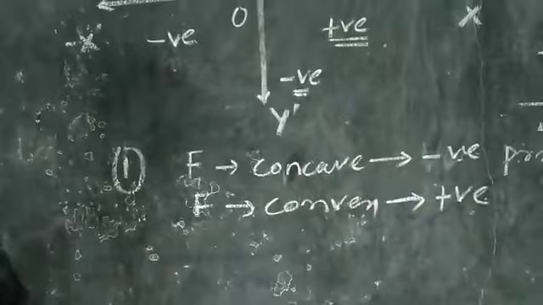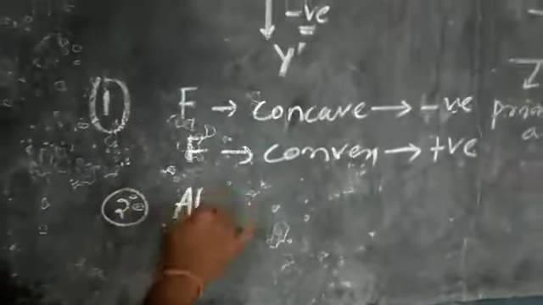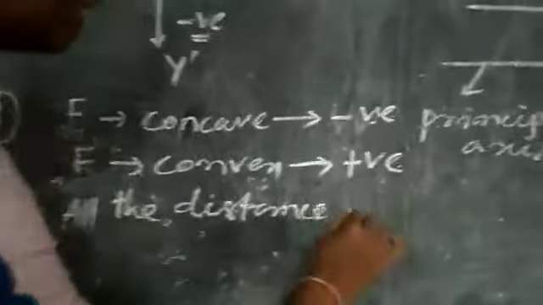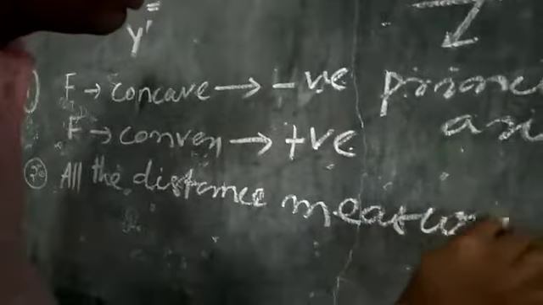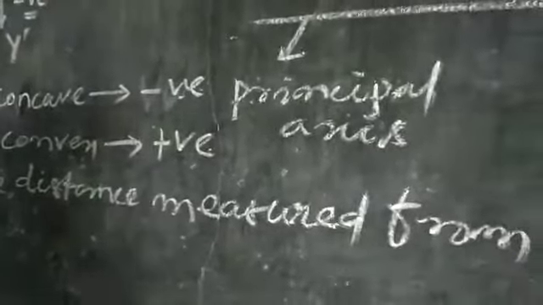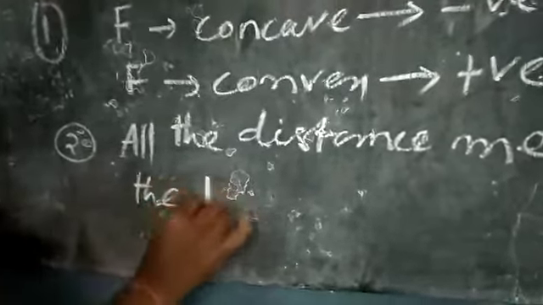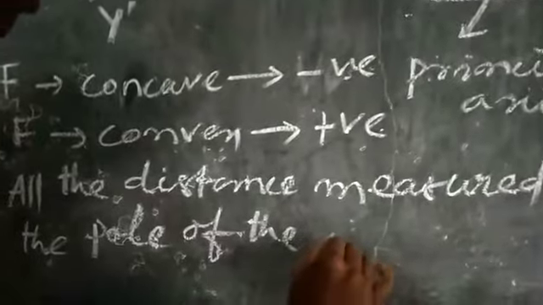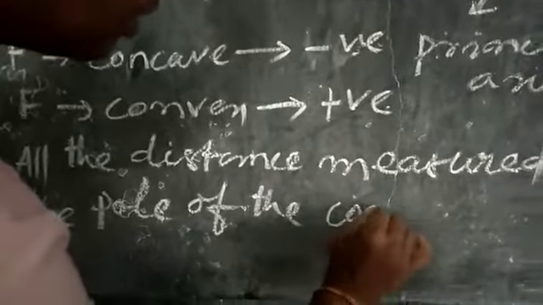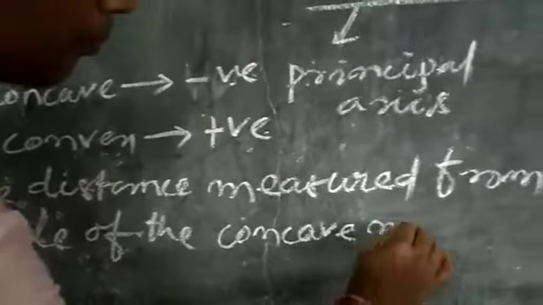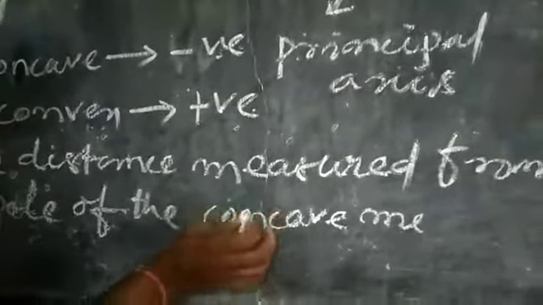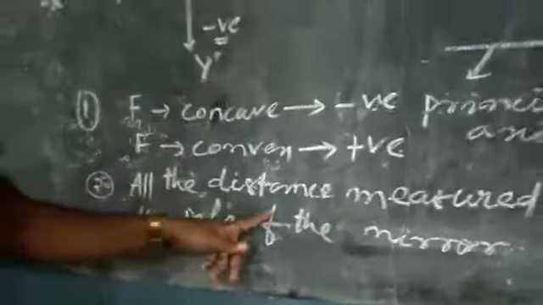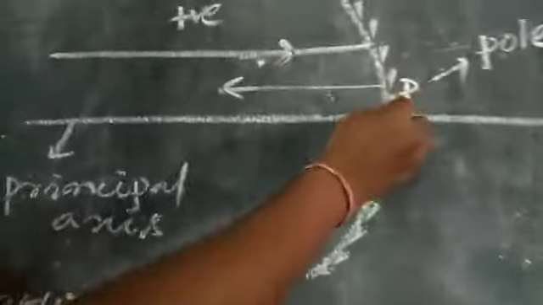And the second rule: all the distances are measured from the pole of the mirror.